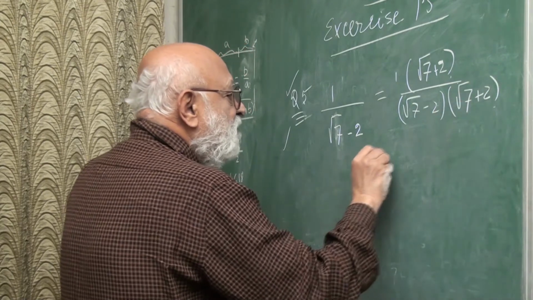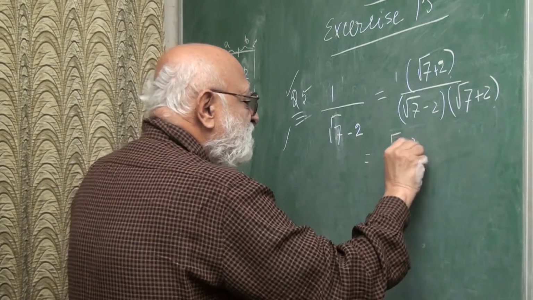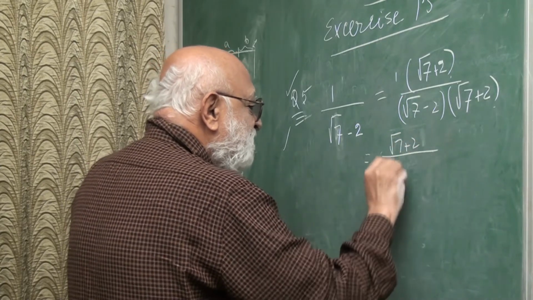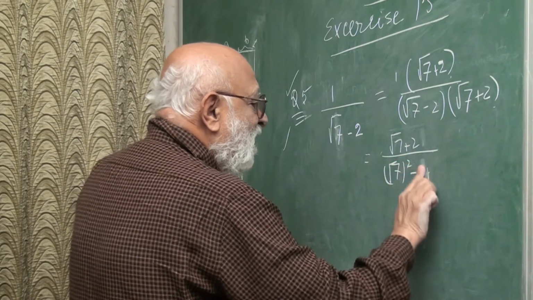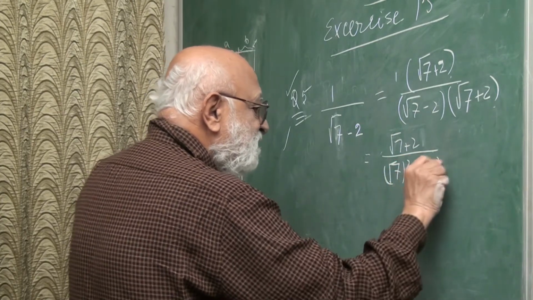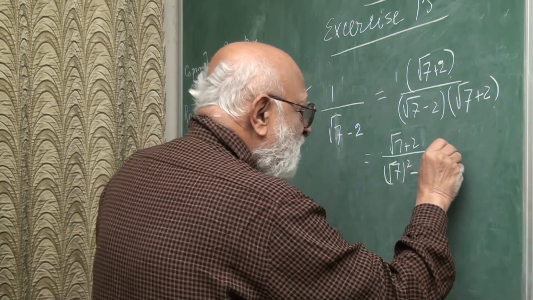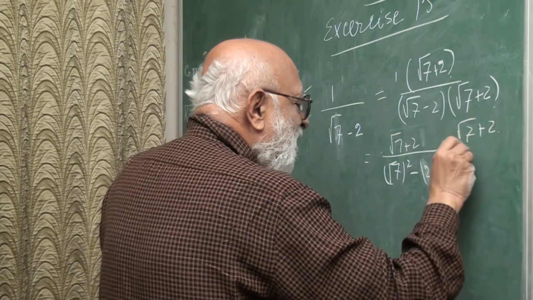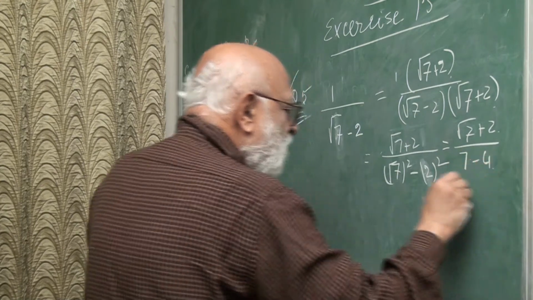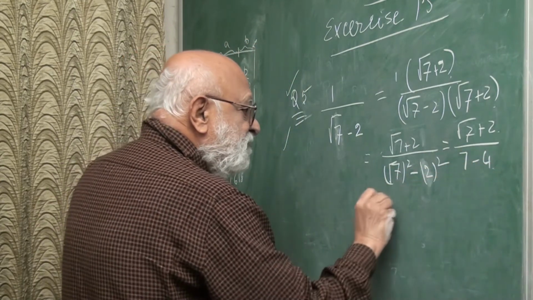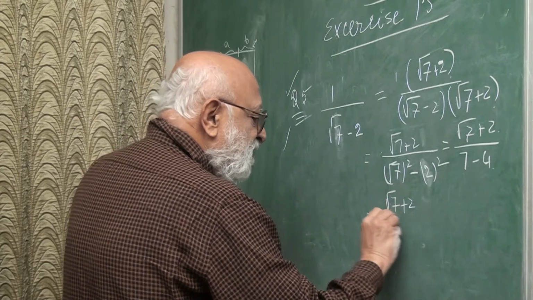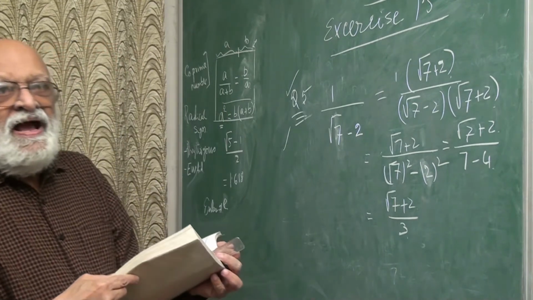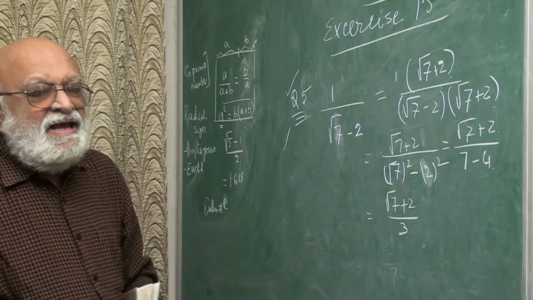That is root 7 plus 2 over root 7 square minus 2 square, which is 7 minus 4. So this is root 7 plus 2 divided by 3. Okay, done. We will stop here today.